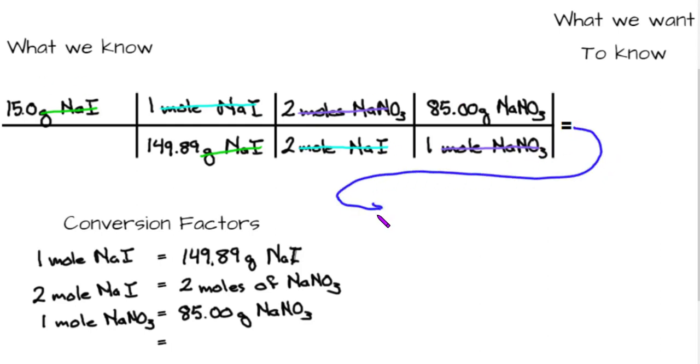So when I do the math, I will start with 15.0 times 1 times 2 times 85.00. All of that will be divided by 149.89 times 2 times 1.